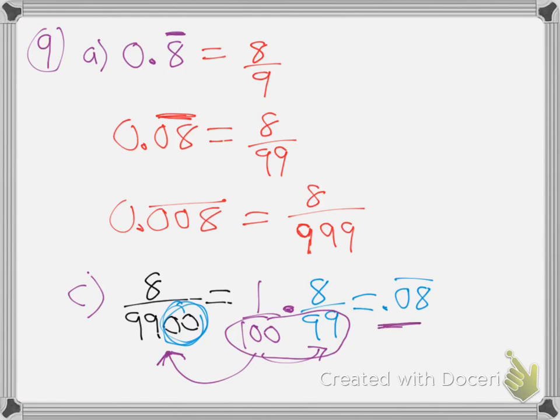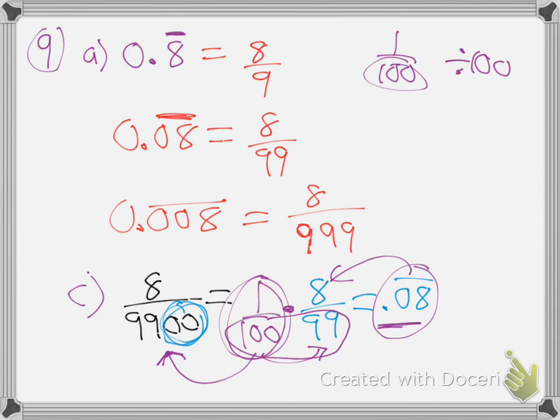Okay, great, so what? Well, what does that do to a decimal when you multiply, because this decimal is from this guy, and then I put the 100th there. What does that do to a decimal number if you multiply it by 1 over 100? 1 over 100 is the same as dividing by 100, because it's 100 in the denominator. If you divide a number by 100, what happens to the decimal? Two places back.